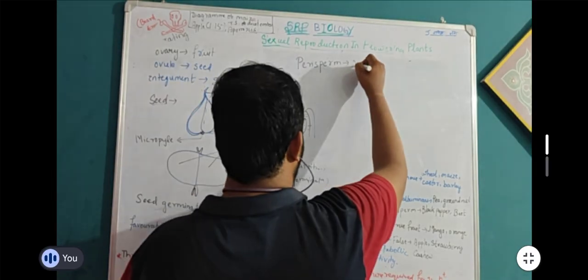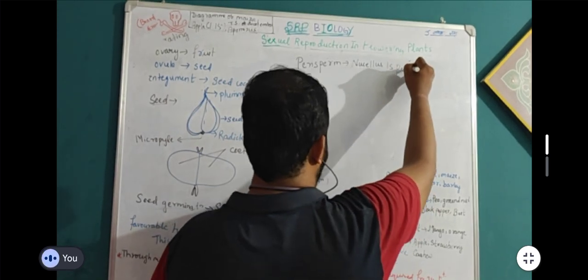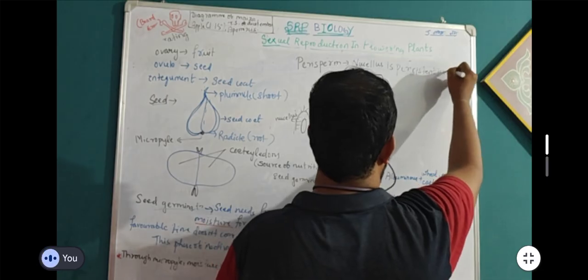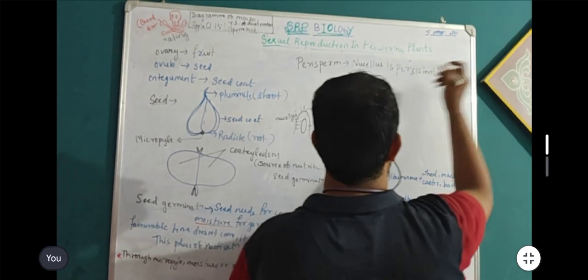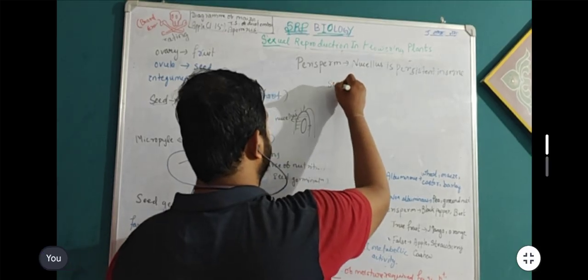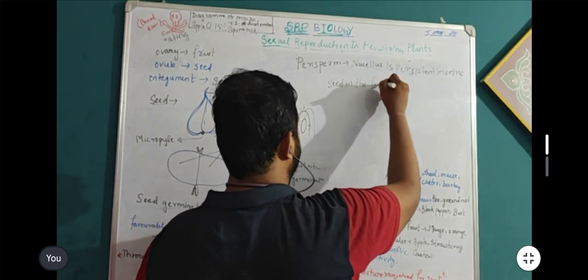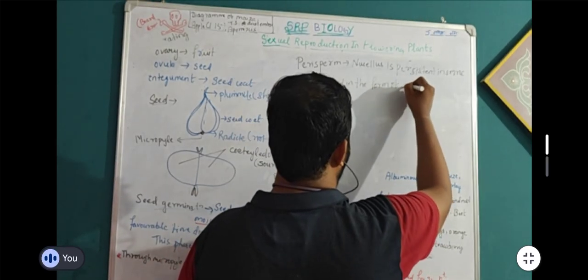So nucellus is persistent in some seeds, in the form of perisperm.